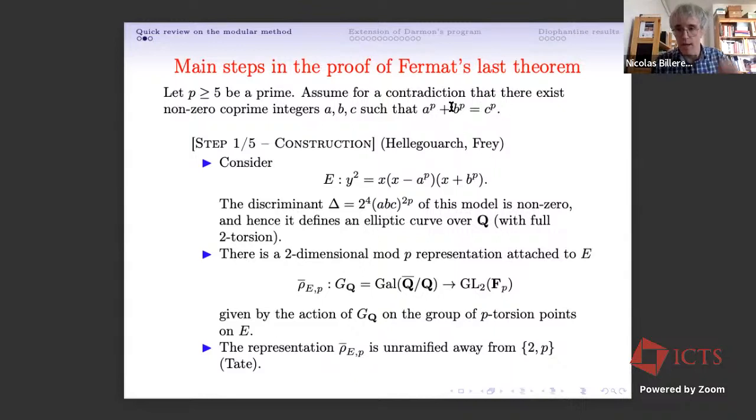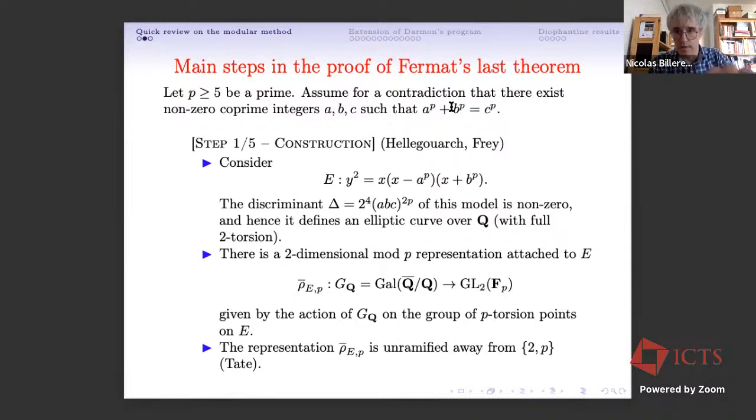And there is a Galois action, an action of the absolute Galois group of Q, component by component on the set of p-torsion points. So this defines a 2-dimensional representation of the absolute Galois group of Q, with values in the automorphism group of the p-torsion, which after choosing a basis, I can identify with the group of 2 by 2 invertible matrices with coefficients in F_p.